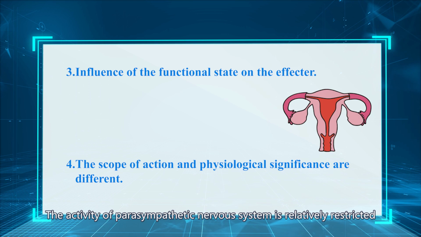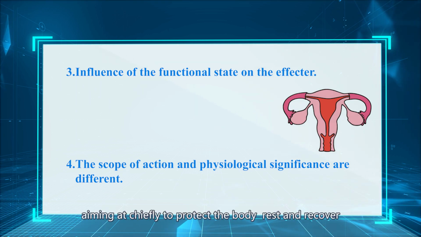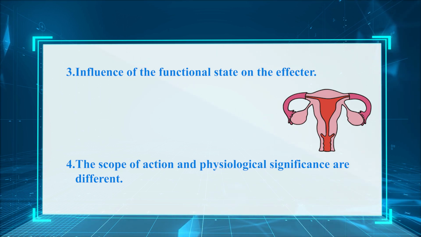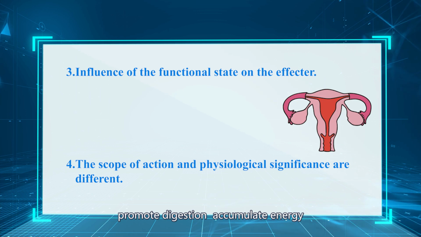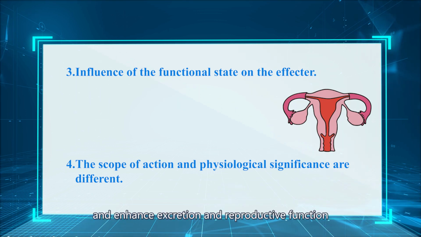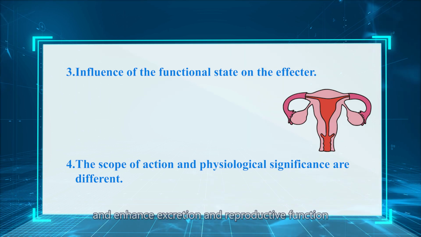The activity of the parasympathetic nervous system is relatively restricted, aiming chiefly to protect the body, rest and recover, promote digestion, accumulate energy, and enhance excretion and reproductive function.